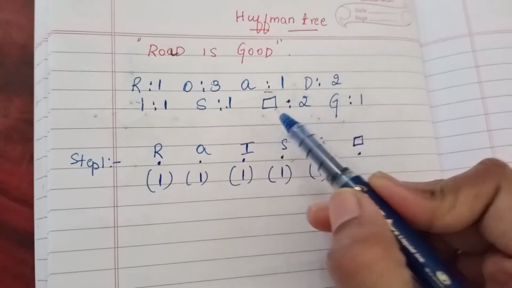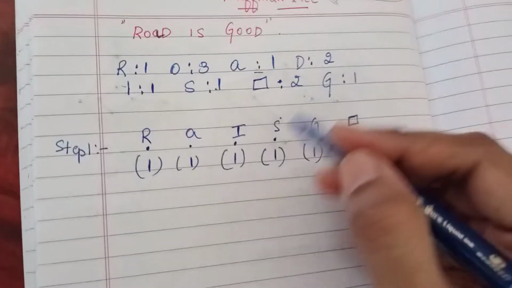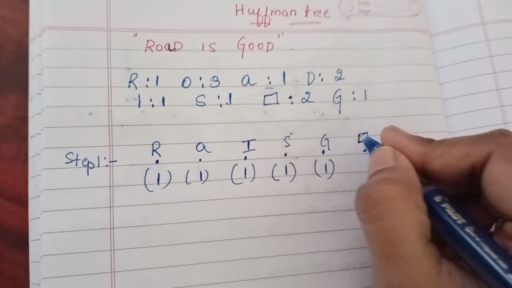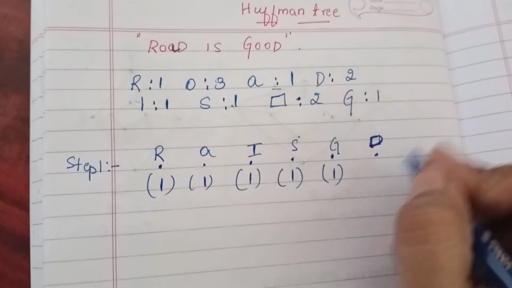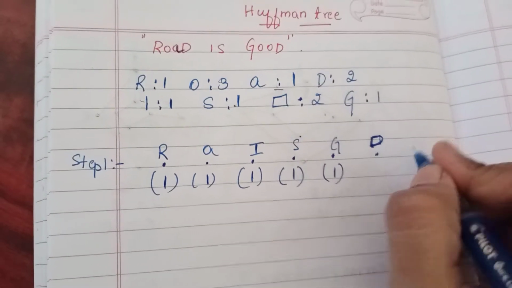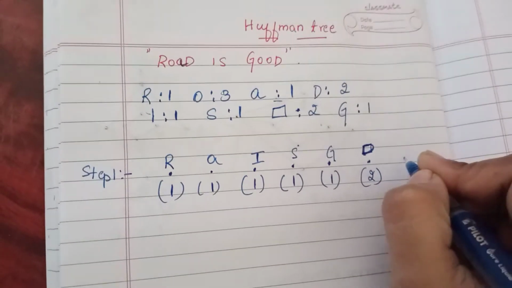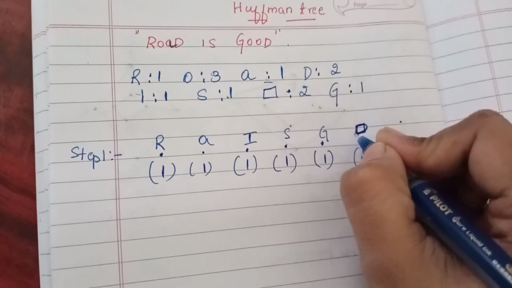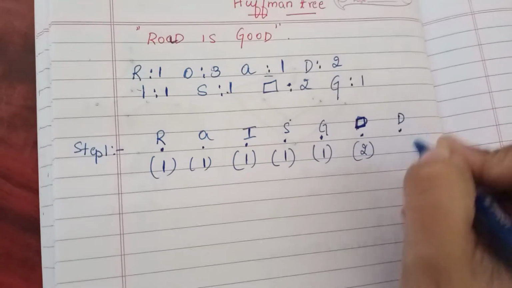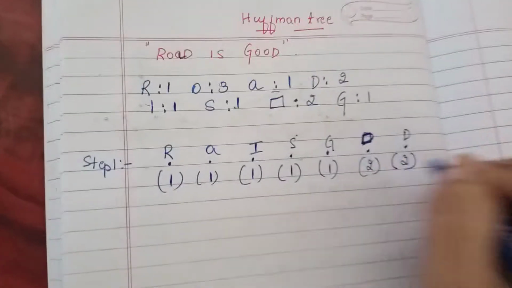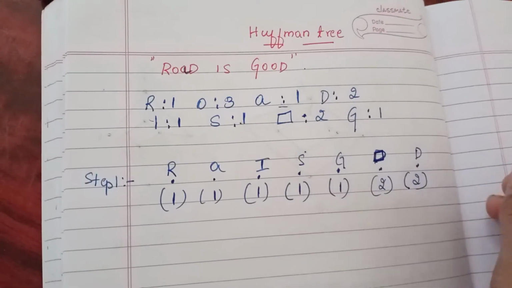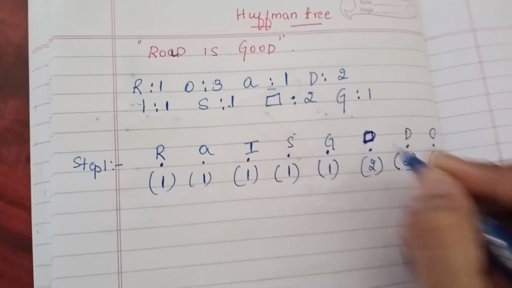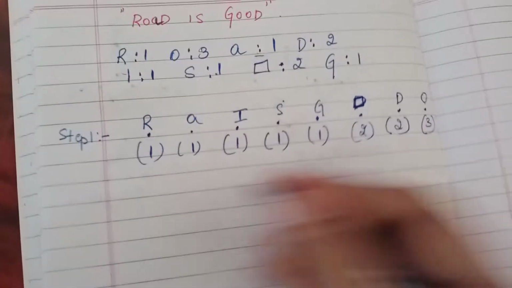Next, D and blank space have the same frequency, so either you can write D first or blank space first, not an issue. I have written blank space first. Next, I'll take up D. D of 2 frequency is done. Next, O of 3 frequency is done.